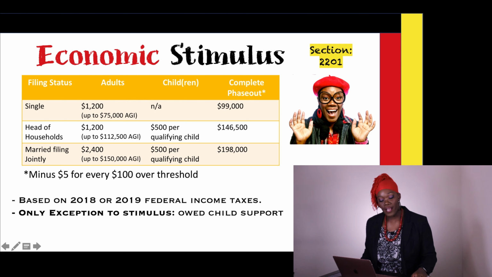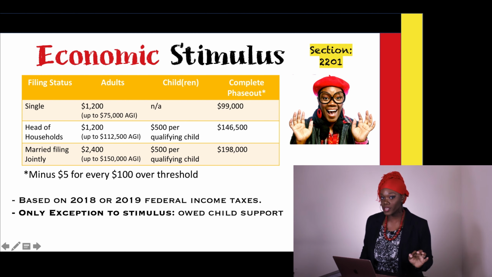All right, if you're a head of household, you get the $1,200 up to $112,500, plus an amount for each of your qualifying children, not just regular kids. If you know taxes, there are special definitions for a qualifying child. I'm not going to go into that right now, but definitely look that up. If it's your biological kid or a kid that lives in the house with you, most of the time they're going to qualify.